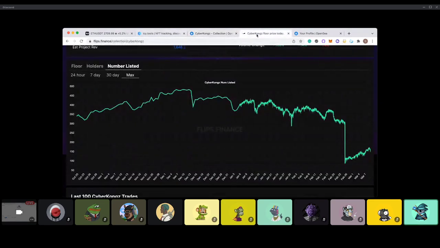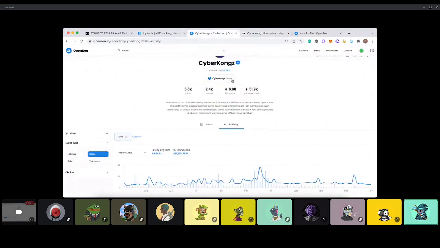And this is how you find it, monitoring the number listed and the floor. Now we know that CyberKongz reached 15 ETH. So if it reaches 5 ETH, it will be a good buy. In the worst case, you will make a 2 to 3x on that. Now, this is not a play that I am suggesting now, but this is how you look at projects during the bear market based on the charts only.